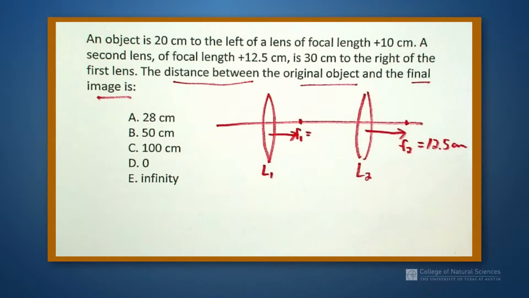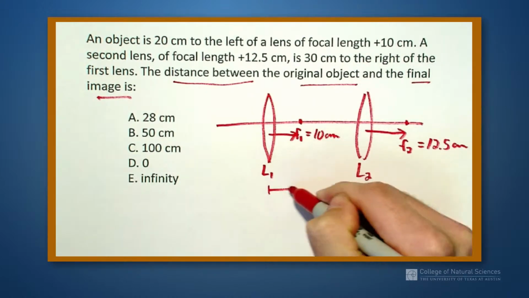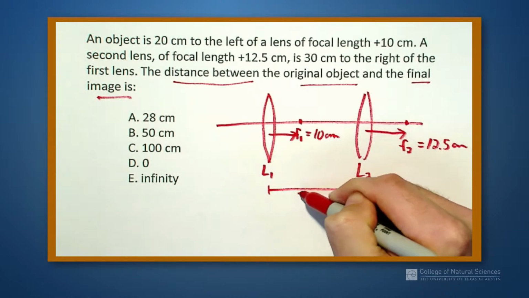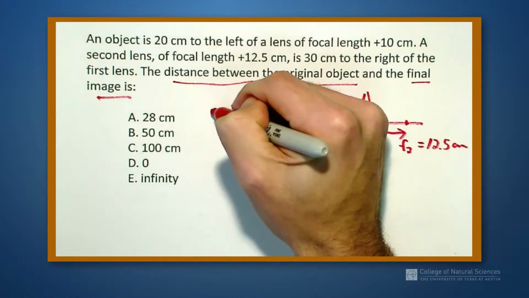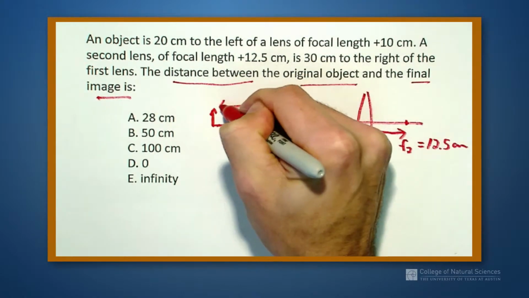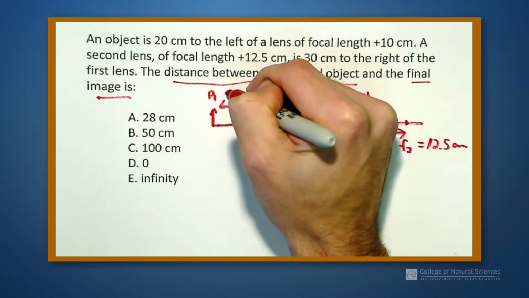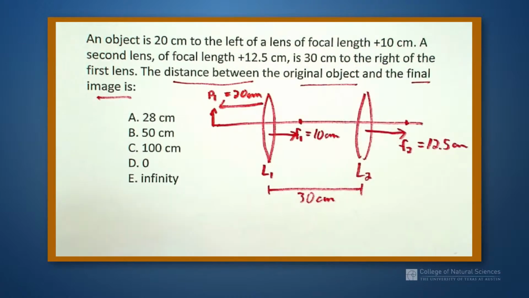One of them is 12.5 centimeters, the other one is 10 centimeters. And we know the distance between these two lenses is 30 centimeters. And we place the original object, I'm going to call this distance P1. P1 has a distance of 20 centimeters.